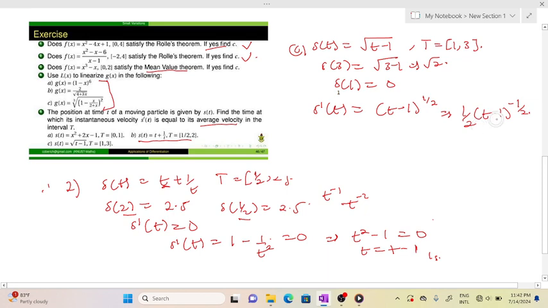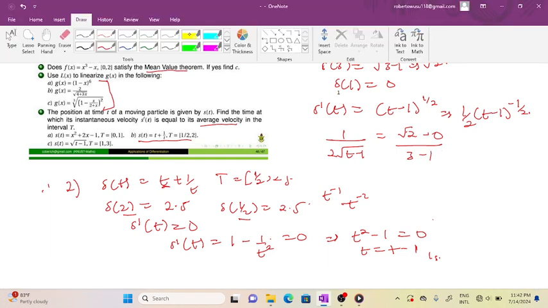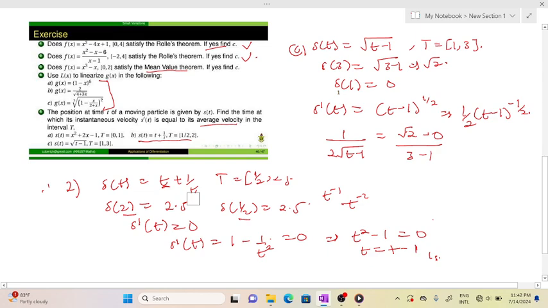So with my simplification, I'm going to have 1 over the expression 2 square root of t minus 1. And this should be equal to root 2 minus s of 1, which is 0, so root 2 minus 0, all over 3 minus 1. This is the mean value theorem.